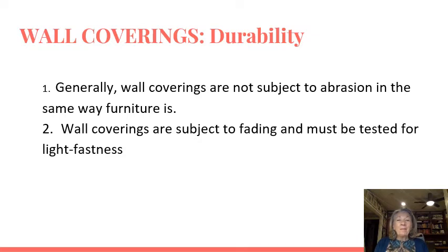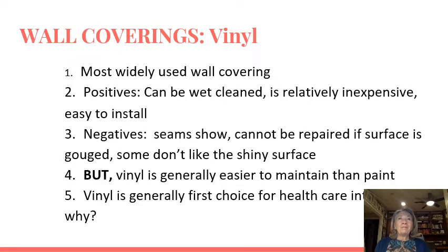I wish that we had kept a picture of that so I could have shown you how well that vinyl wall covering held up over all those years. Number 2 on our slide, wall coverings are subject to fading and must be tested for light fastness, but the one that I just mentioned had not faded at all, even though 2 of the 4 walls in that room had large windows on them. It was really quite amazing how it held up.